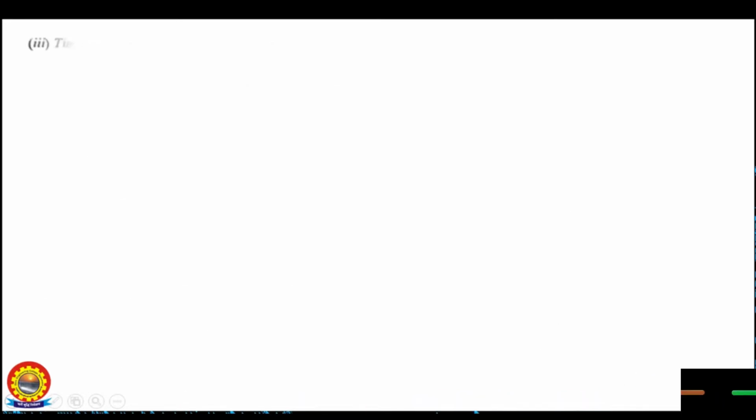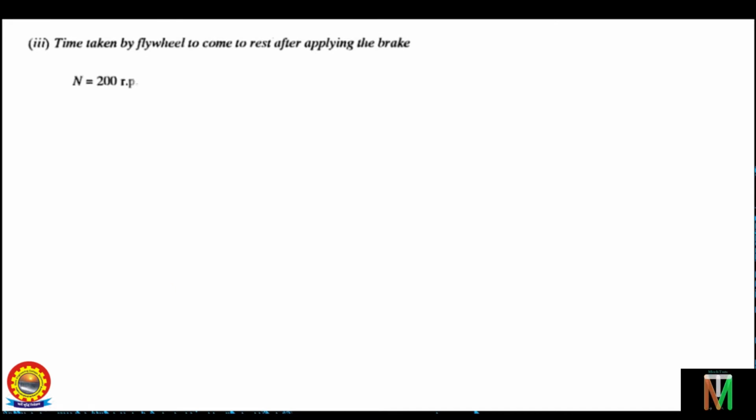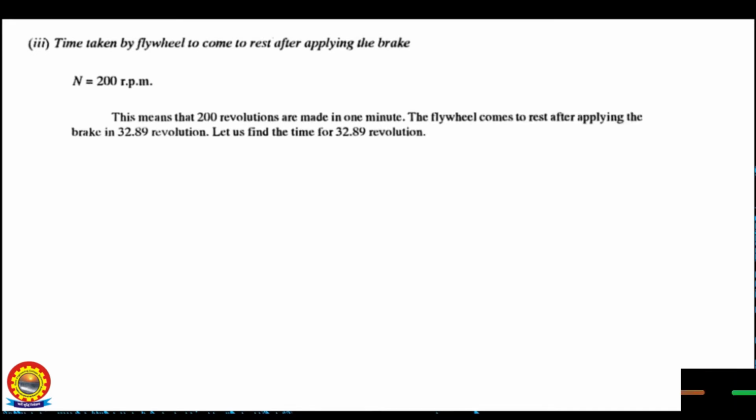Further, let us find out the time taken by the flywheel to come to rest after applying the brake. Now N is given as 200 rpm. This means that 200 revolutions are made in 1 minute, and the flywheel comes to rest after applying the brake in 32.89 revolutions. So let us find out the time for 32.89 revolutions. Time for 200 revolutions is 1 minute.